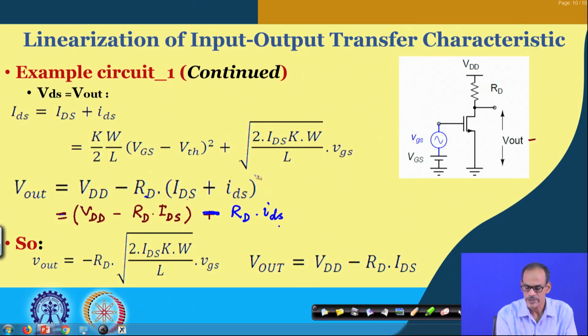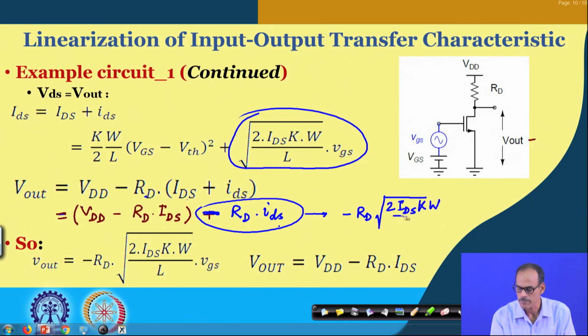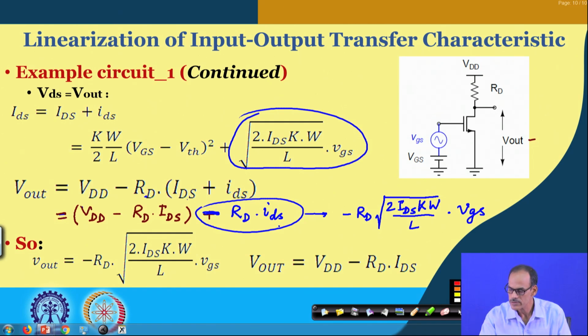This IDS part has this expression. So, we can write this part in the form of minus RD square root of 2 IDS k W by L into VGS. So, as I said, V out has a DC part, capital V out.